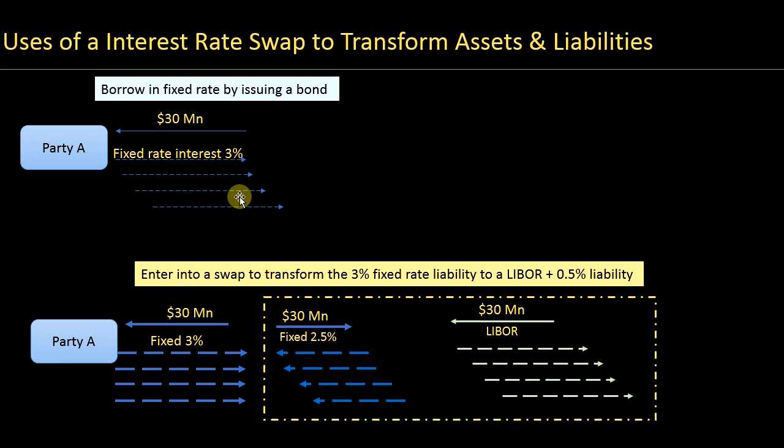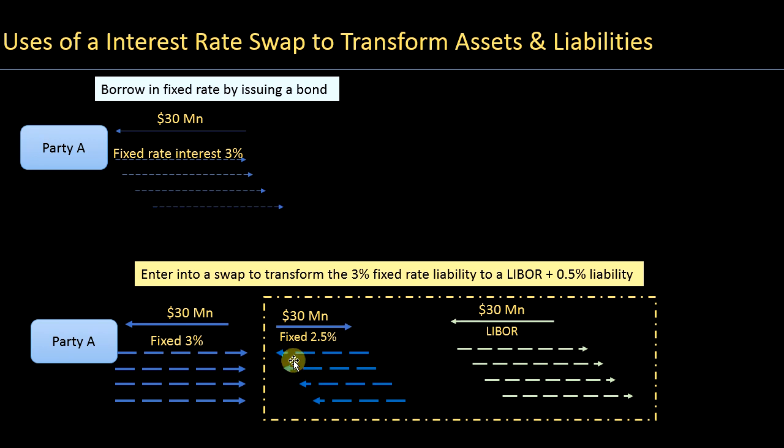In that case, firm A might want to get exposure to a floating rate liability. The way to do this is that firm A will enter into an interest rate swap.